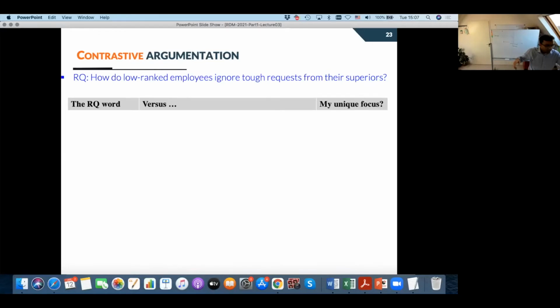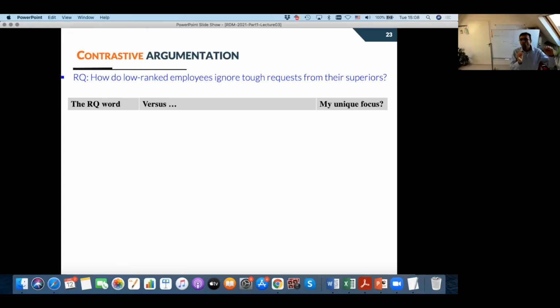How does it work? Imagine that the question is this: how do low-ranked employees ignore tough requests from their supervisors? If I'm a low-ranked employee and my supervisor asks me to do a tough task, how can I ignore it?